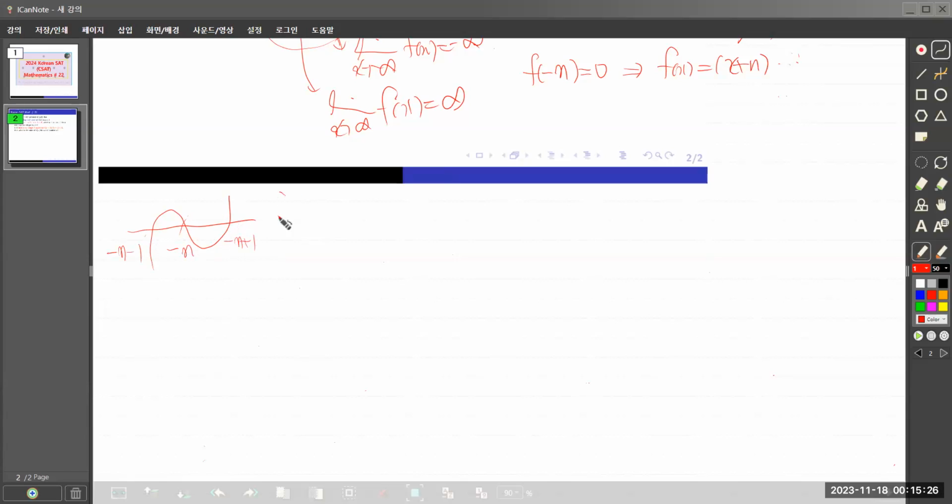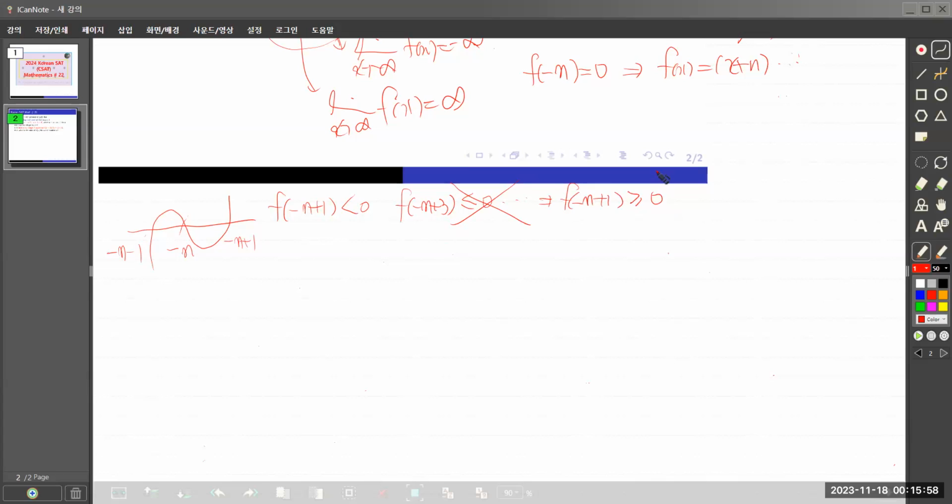So if f(-n+1) is negative, then you can also say f(-n+3) is less than or equal to 0 because of the third condition. You can keep going. So this cannot happen also, which means that f(-n+1) is greater than or equal to 0.